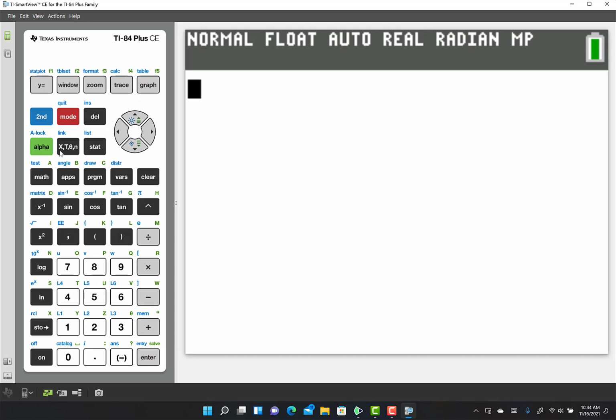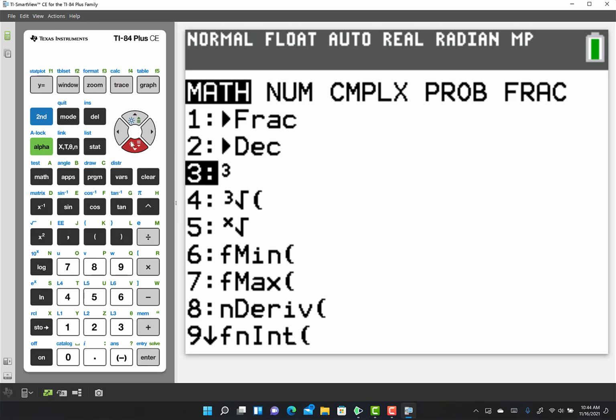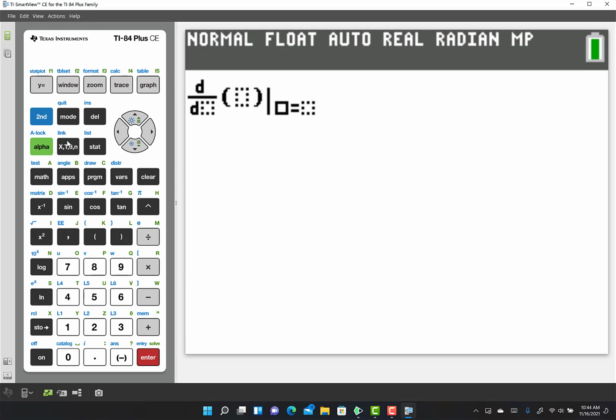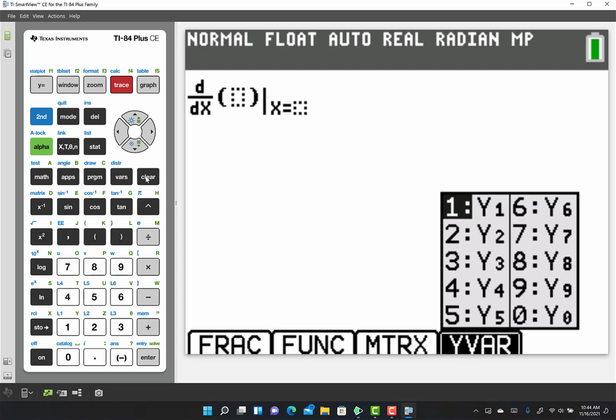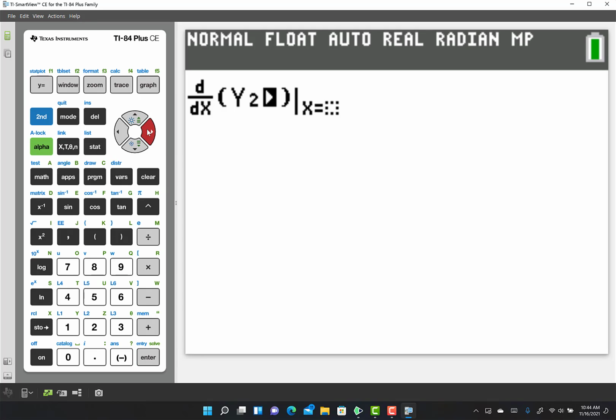And then how do I get my screen to be like this? I just go second quit. I go math, and then I look for numeric derivative, number 8. And then I put d/dx of y2, alpha trace y2. And, well, that's how you get the first derivative.